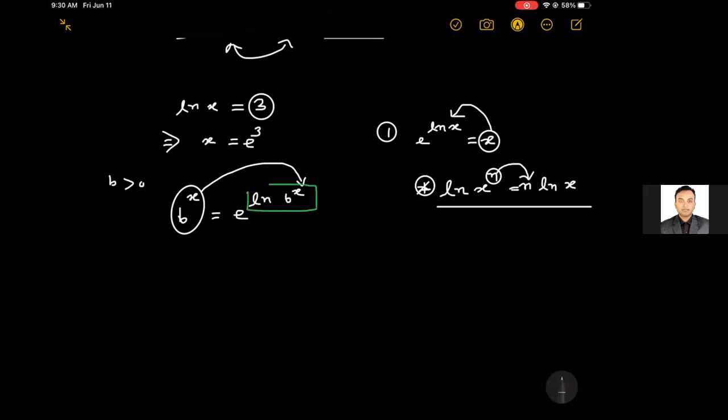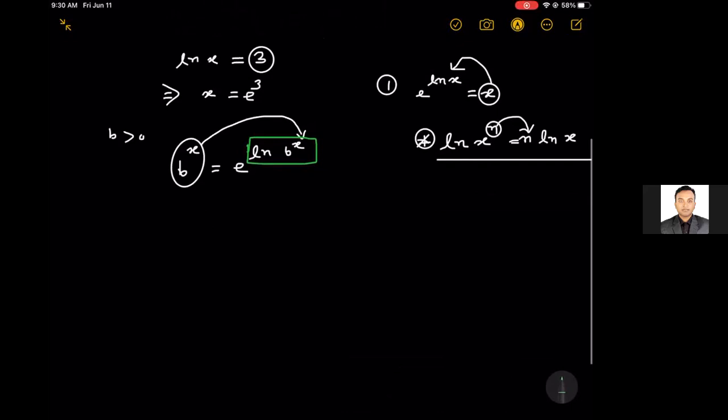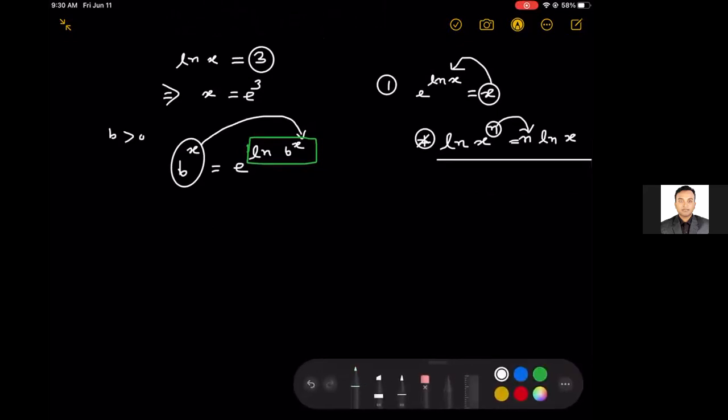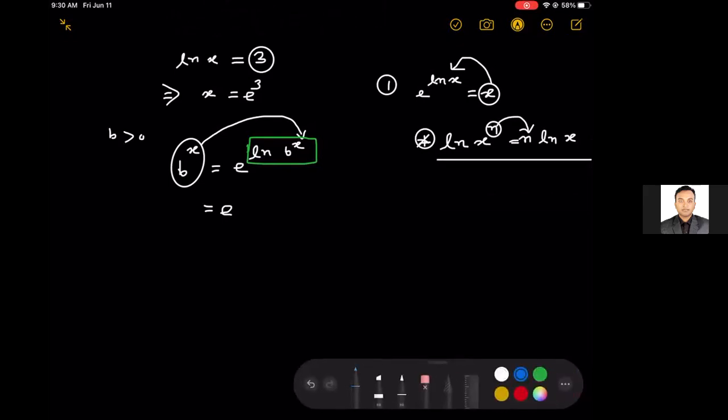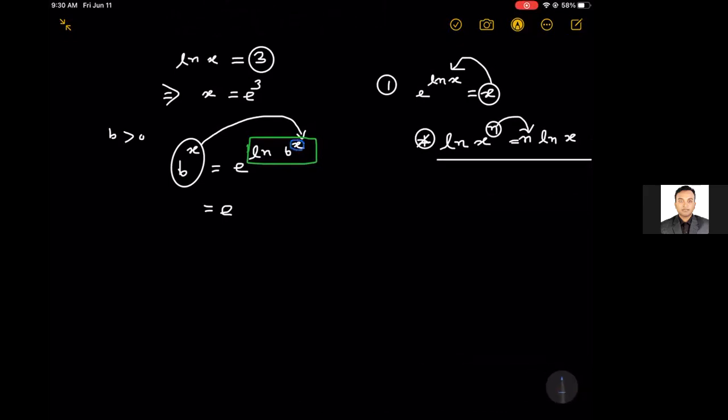So again, just for a fraction of a second, just imagine this part only, okay? Don't look at the e in the first place. Just have it here and try to eyeball the part in green only, okay? So if we use that property, this exponent will come down, right? Come in front. It will be x, and then the other part, natural log of b.